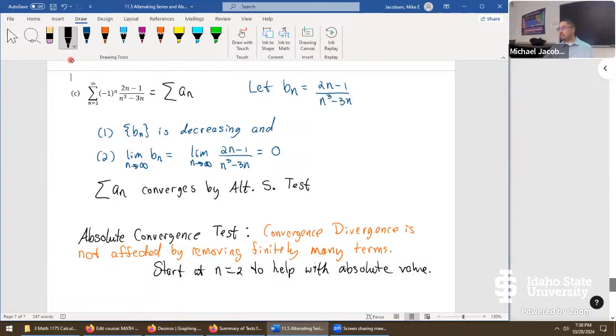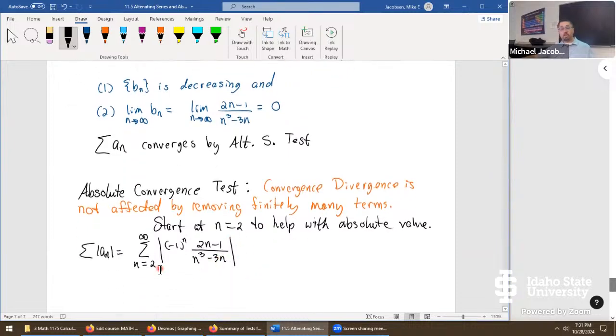So here's how our test is going to start off. In absolute convergence test, this is the new series, summation |an|. That's just the symbol we're using to describe the whole thing. Think of it like a variable x. But it means we're placing absolute values on that. So it turns into summation, starting at 2 again to make absolute values easy, going from 2 to infinity, absolute value of (-1) to the power n, times (2n minus 1) over (n cubed minus 3n).